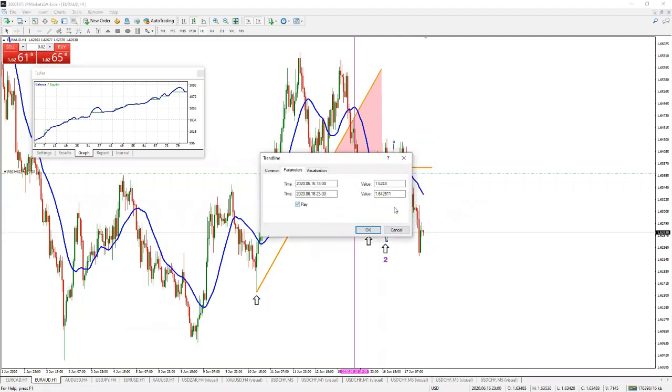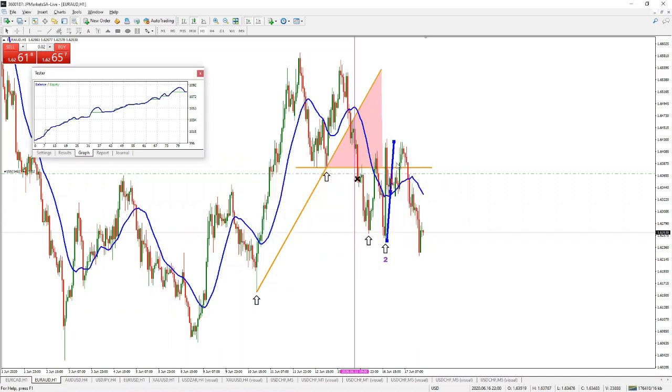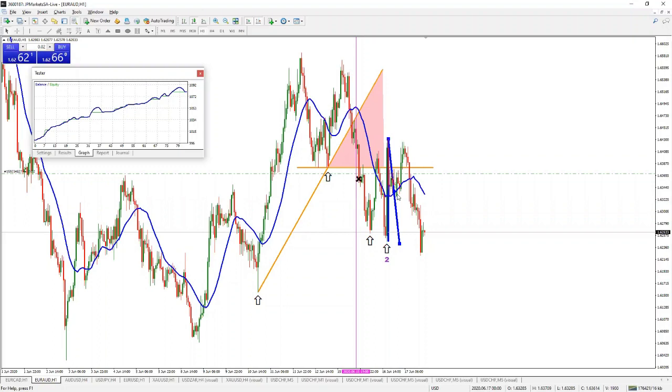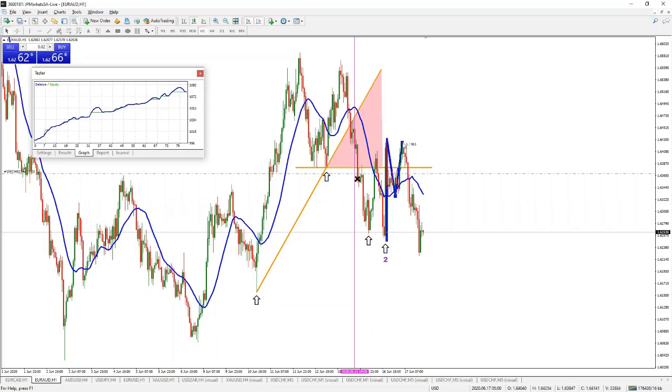Let me make the lines thicker so we can see what we're talking about. From 2, it went all the way up to here in one big boom, and then it came down from there, went up again, creating an M pattern, and from there it went down.